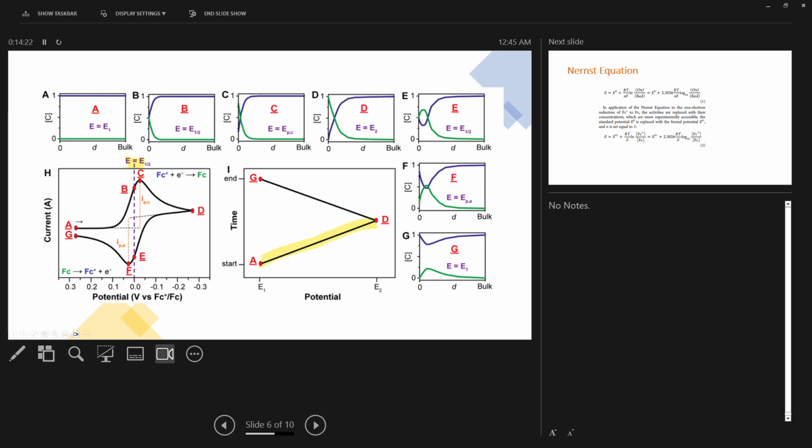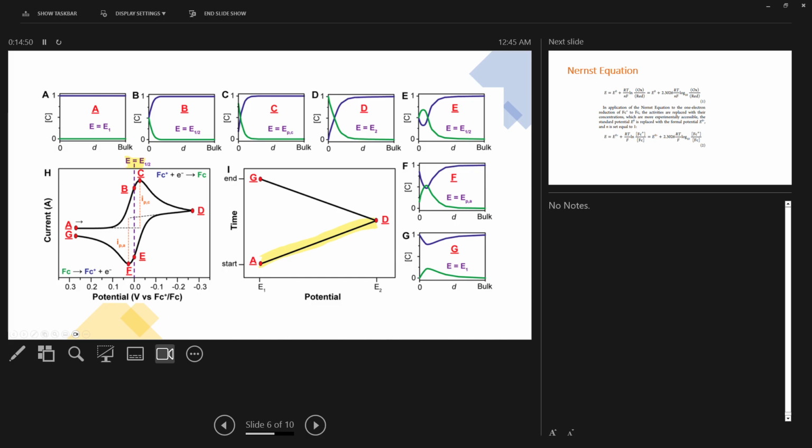When all the ferrocenium is converted to Fc, it then reverses back this way, and when it reaches point E, the amount of ferrocenium and the amount of ferrocene become equal on the surface of the cathode, as shown in E.